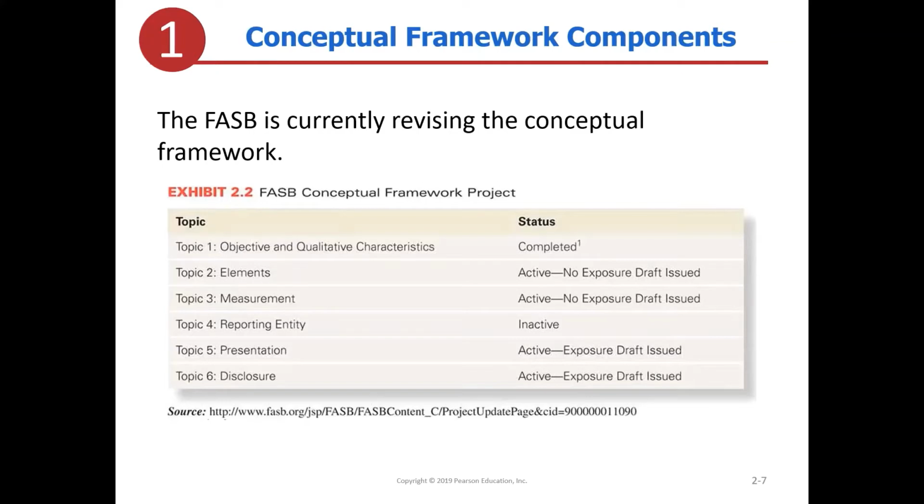The FASB is currently working on elements, measurement, presentation, and disclosure. The other topic is inactive. At the current time, FASB and IASB are working independently on the conceptual framework.